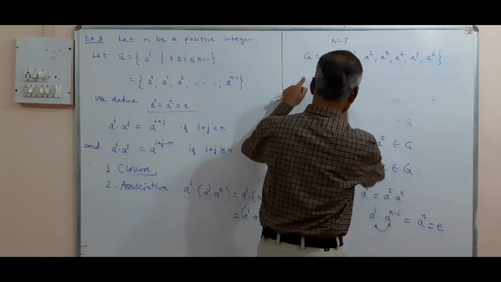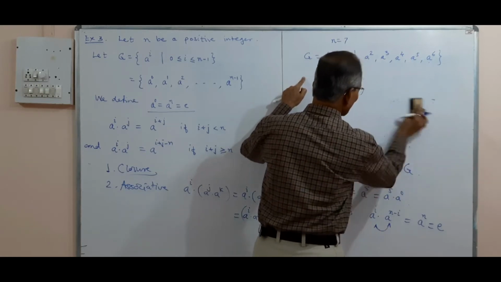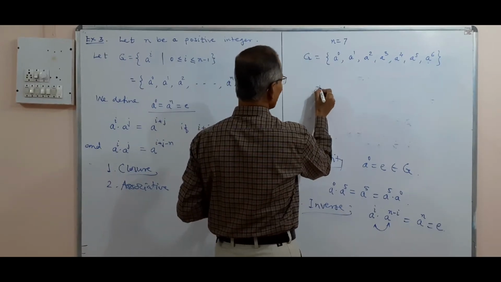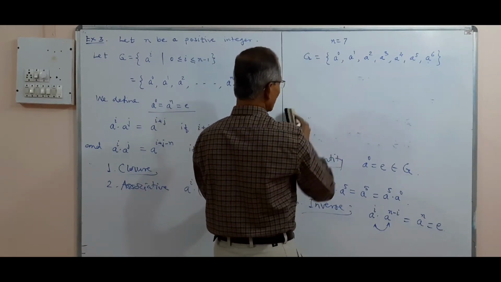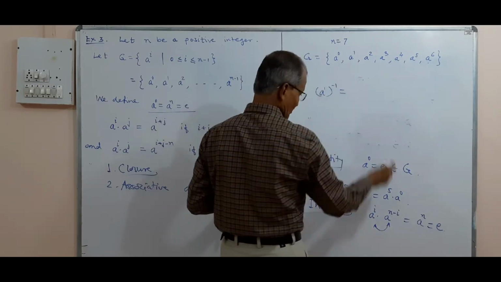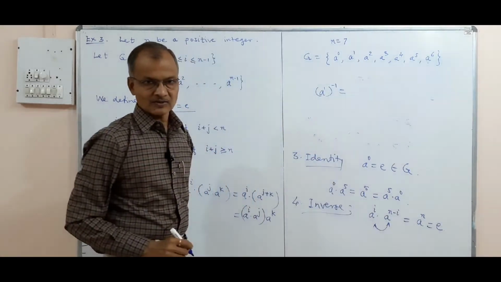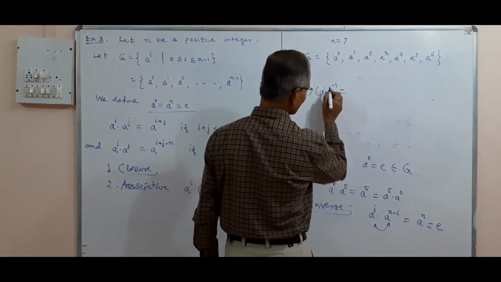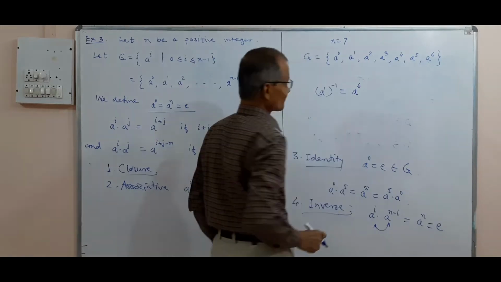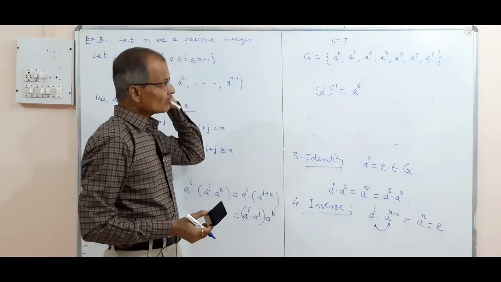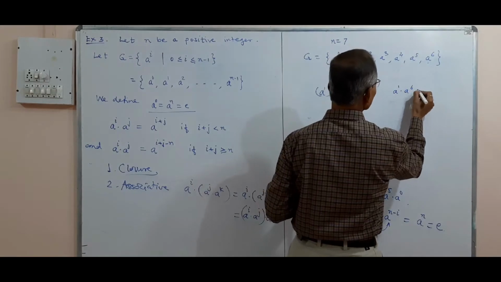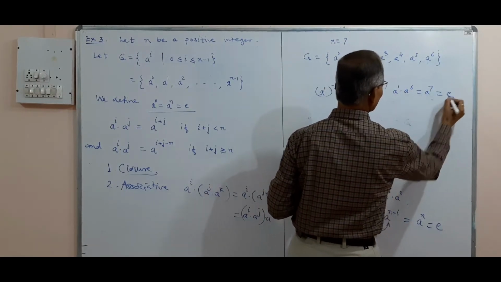The inverse of a raised to 1, or a, by this, a raised to n minus i, means 7 minus 1, since i here is 1, so that is a raised to 6. Or you see, the product of a raised to 1 into a raised to 6 is a raised to 7, and that is e.